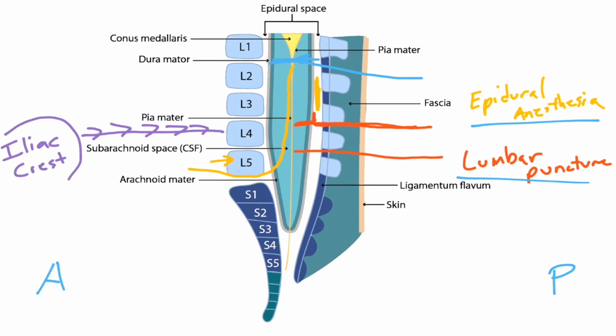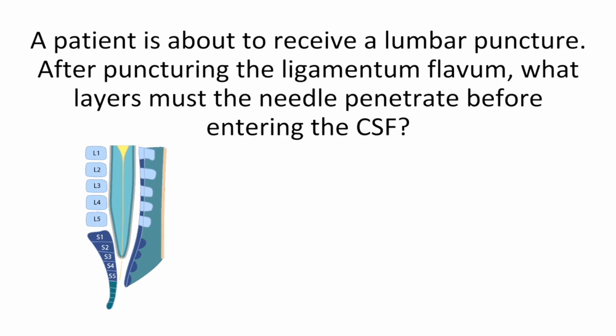It's important to memorize the layers of this image, so let's do a practice question without the labels. So let's say a patient is about to receive a lumbar puncture. After puncturing the ligamentum flavum, what layers must the needle penetrate before entering the CSF?